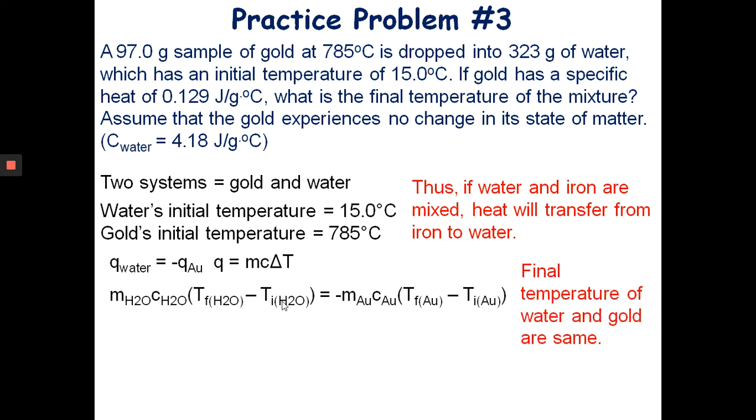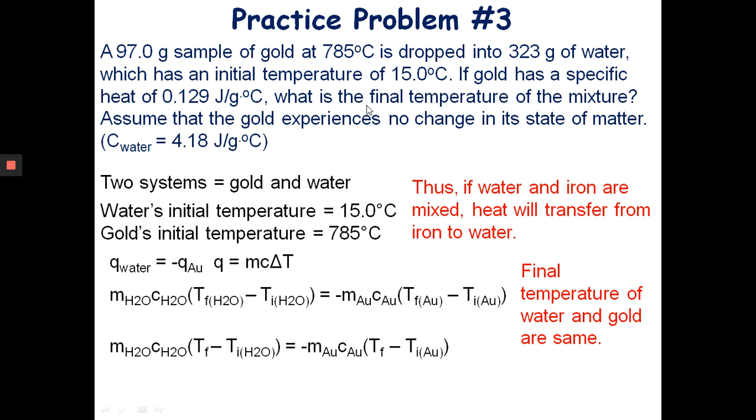But keep in mind, the final temperature of water and gold are actually the same, right? Because when they reach heat equilibrium, the temperature of both gold and water is going to be the same. So I'm going to rewrite the Tf of water as equivalent to the Tf of the gold, and simplify that into just Tf, basically just final temperature, regardless of the system.